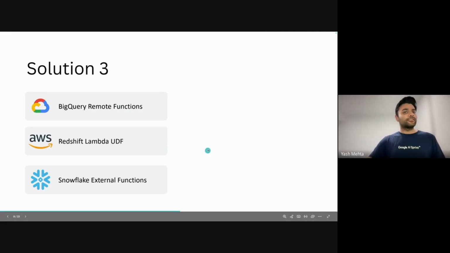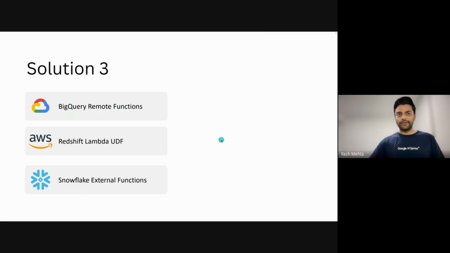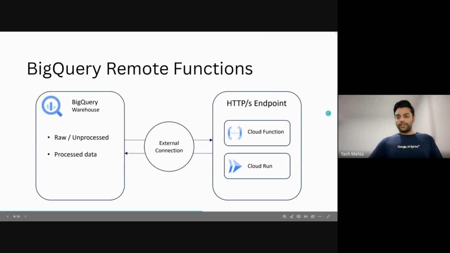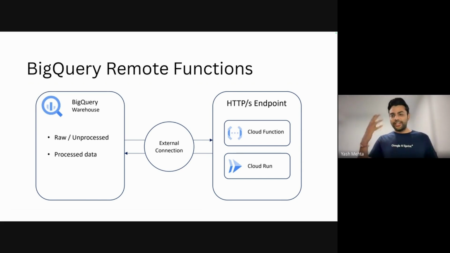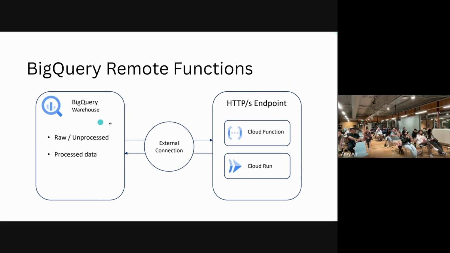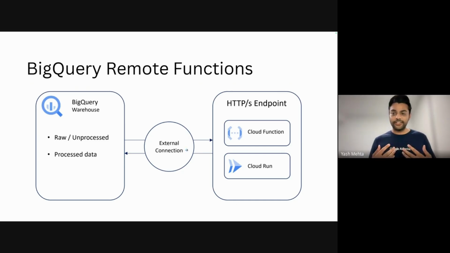Going through the architecture of it, I wouldn't say architecture, just the flow diagram of it. This is what a BigQuery remote function would look like. You have some data sitting in your warehouse. You create an external connection which lets BigQuery communicate with the HTTP endpoint. It could be Cloud Function or Cloud Run, doesn't matter. You can select, and we'll talk about when to choose what.